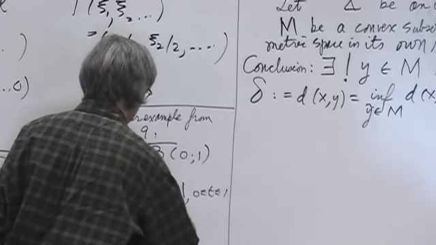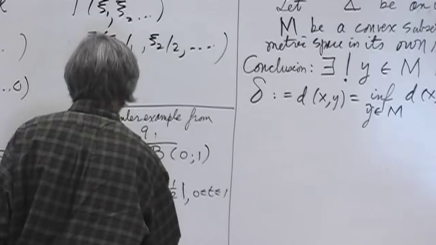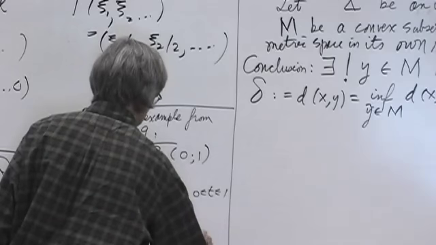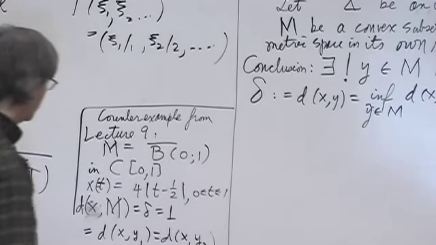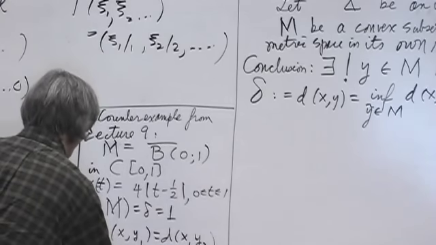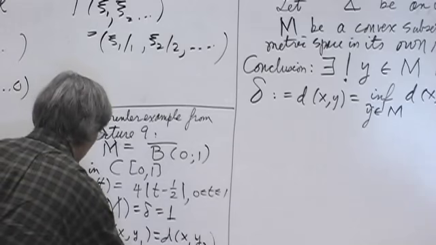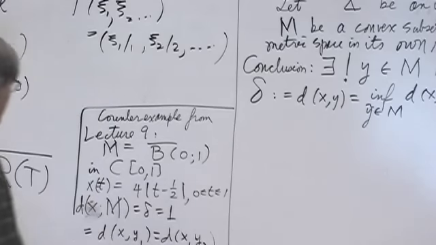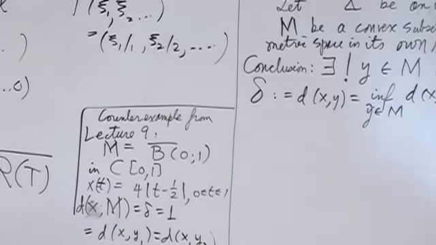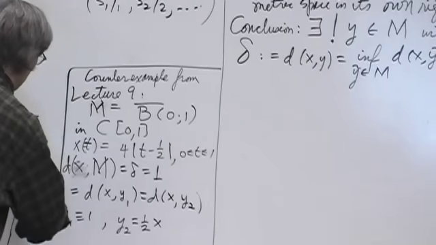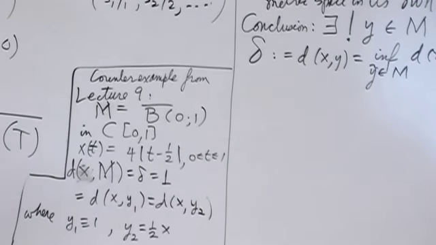The delta was equal to 1, equal to d(x,y1) equal to d(x,y2), and I had two solutions at least. And I guess I could have come up with some more too. Where y1 was identically 1, and y2 equals 1/2 x. Okay, just as functions. So I had two vectors which were minimizing.